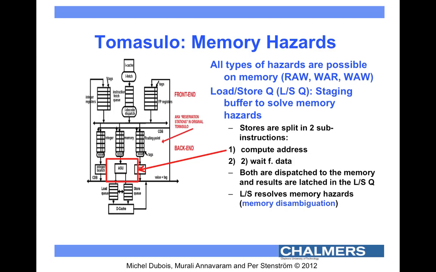You can see it pointed to, it's called the AGU. And then secondly, we have load store queues. All loads are buffered in the load queue, all stores are buffered in the store queue. And if there is a store followed by a load to the same address, then that will be detected in this memory disambiguation unit to really make sure that the load is returning what the store is writing to memory.